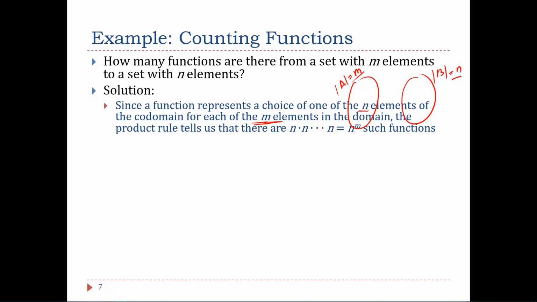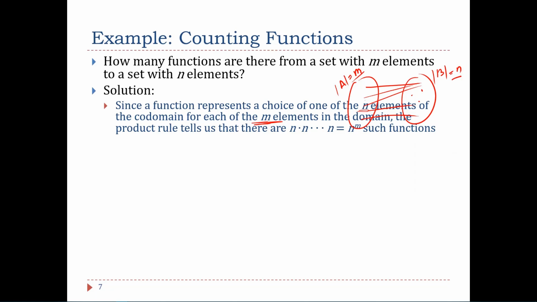So you end up having n possibilities for the first element. We don't care if we have repetitions, if we are mapping all the elements to the same element in B, or maybe some of them are mapped to other elements here and there, and maybe we also have the general case where some elements of B are not mapped to any element in A, they do not have any preimages.